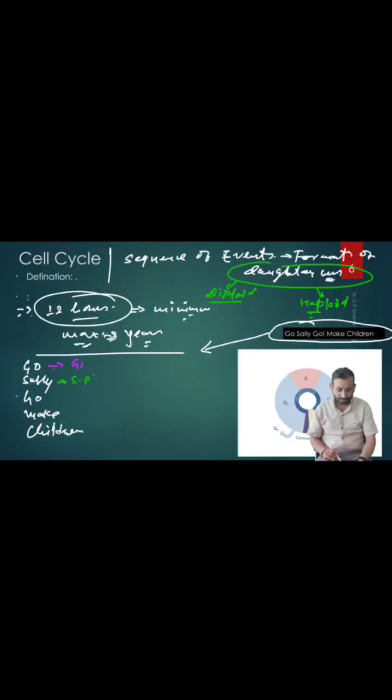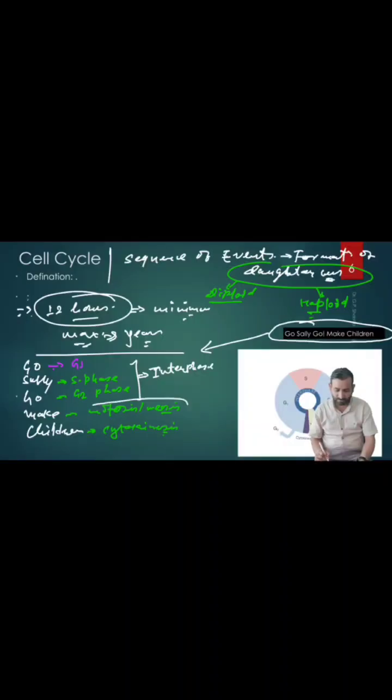Sally, S phase. We have done this already. This is just the revision. Another go, G2 phase. Make, maybe mitosis or meiosis. Children, that is cytokinesis. Let's see. Above this is called what? Interphase.